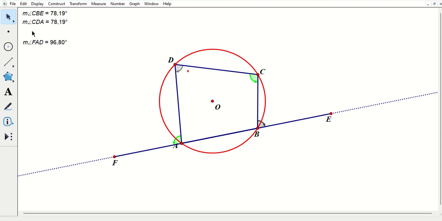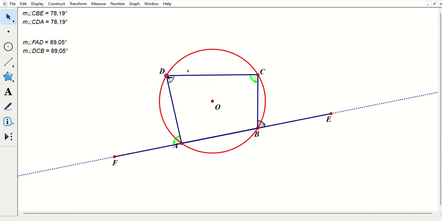Now I've previously measured angle B here and found that it is equal to angle D, meaning that the gray angles are equal. And now I've measured angle A, and now I have to measure angle C and find if it is equal to angle A. So we measure angle C and it is also equal.